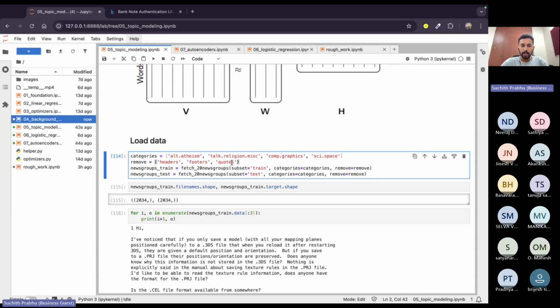Okay, fine. So this is the data set, the newsgroup data set. I think there are around 20 topics in it, and we'll just look at these four topics.